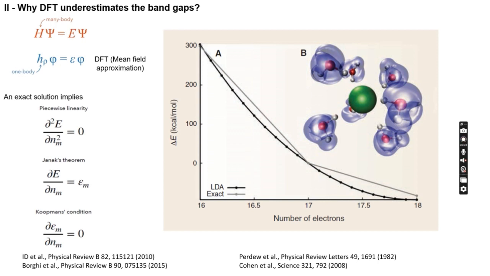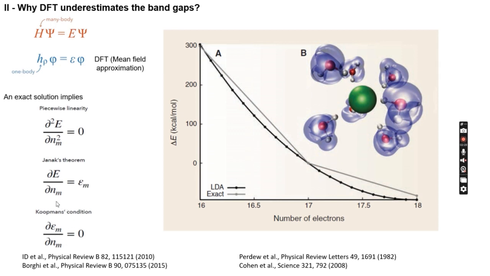For instance, if you occupy this orbital by 10% of an electron, you would just take this number here, which is the energy of that orbital, and multiply it by 10%, and this will tell you how much energy you are going to use. Combining these two equations here, you would get the so-called Koopmans condition.